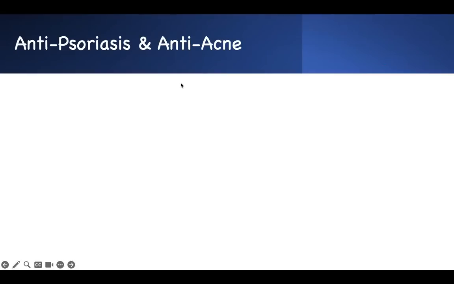Okay, so those are those medications. Of course, there's other topical antibiotics. I told you also that you have to know topical antibiotics that can be used. For example, clindamycin, erythromycin, and dapsone.